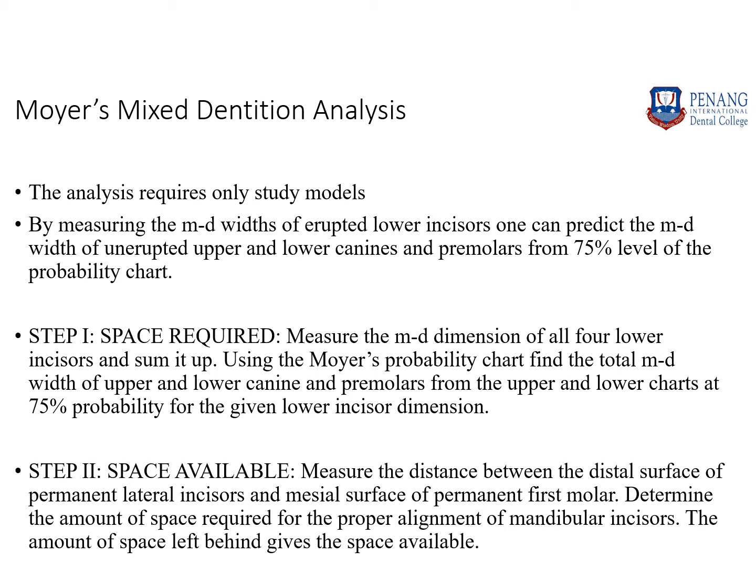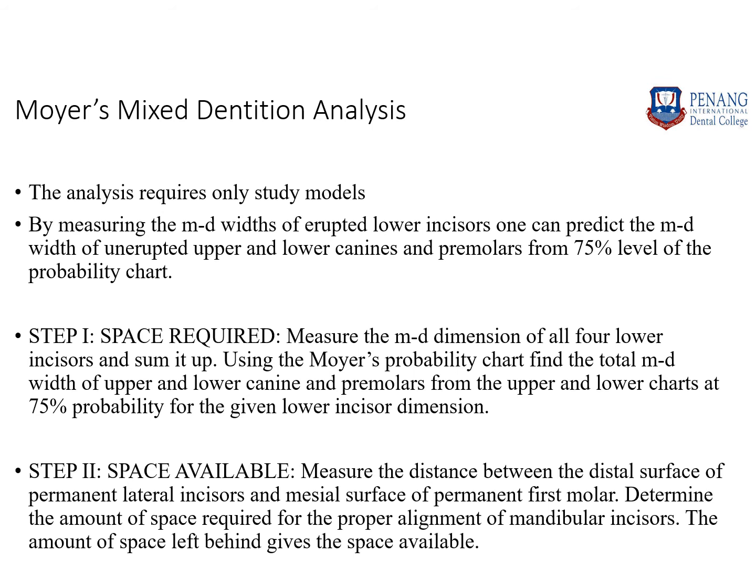Moyer's analysis. So what you're going to do in Moyer's analysis is there is a probability chart provided by Moyer's. So you will analyze and measure space required and space available from a dental cast.